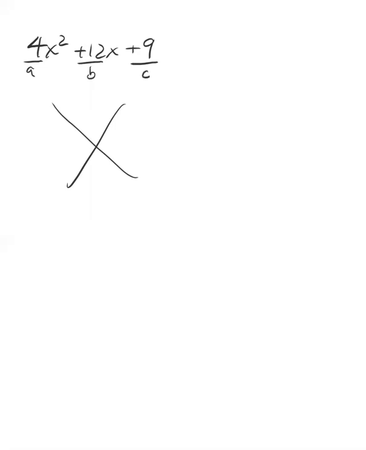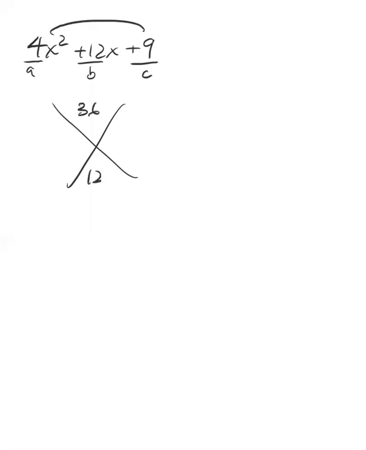Do another problem here. 4x squared plus 12x plus 9. So we want to factor this as well. Okay, and we're still using the x box. Again, this is my a, this is my b, and the 9 is my c. 4 times 9 gets me 36.